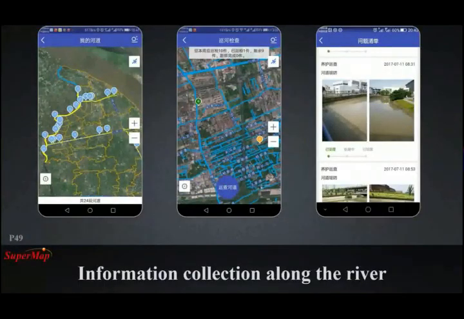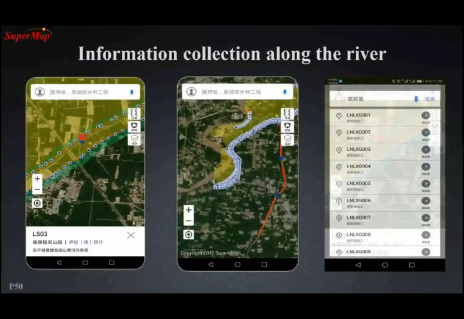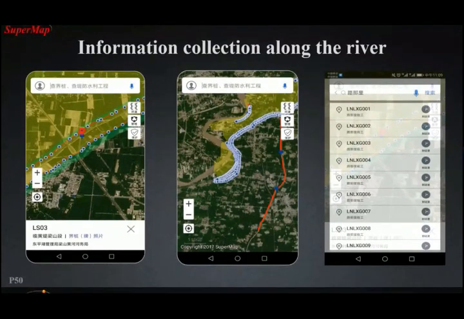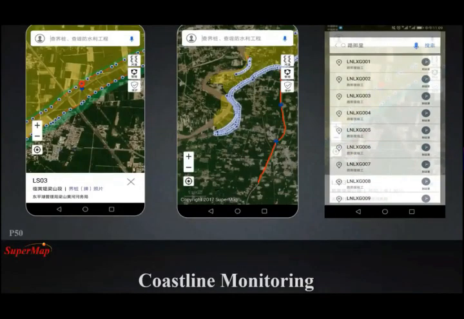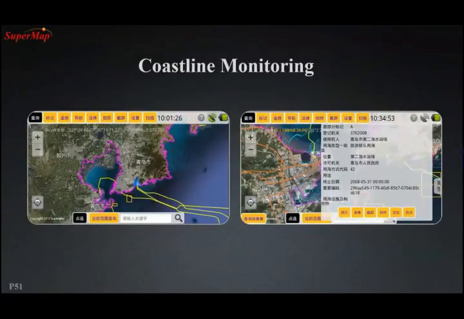And also for some area, we can collect the points around this area, and then it can generate the polygon automatically. And for some coastline monitoring, we can use this application to collect the boundary for the coastline and also the land use for different areas.